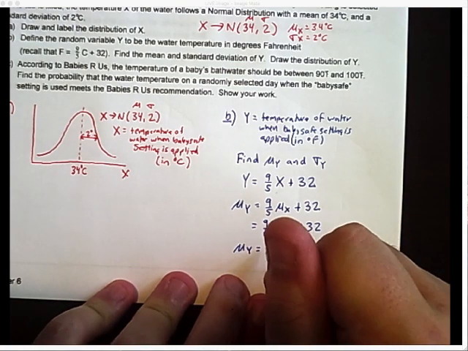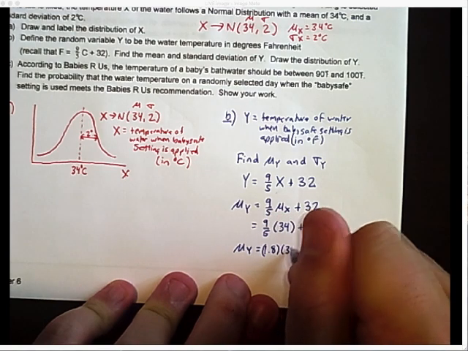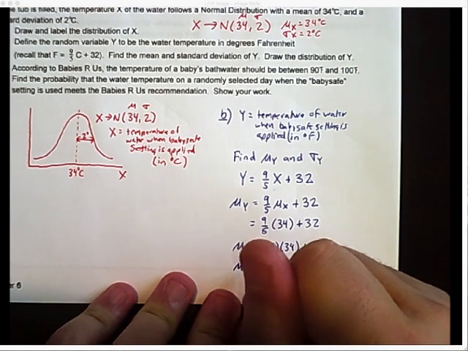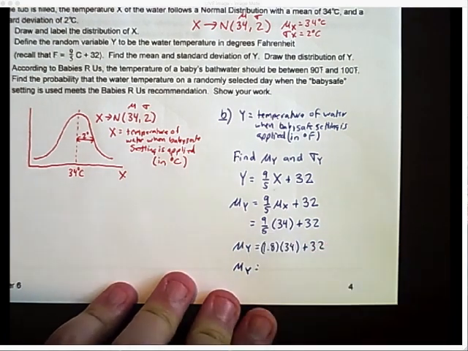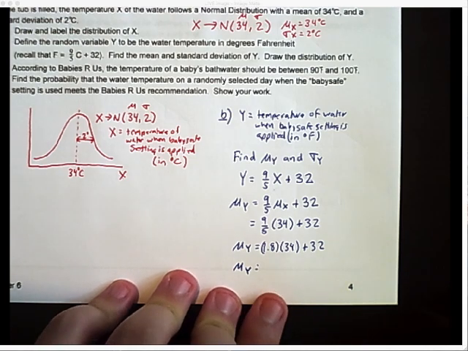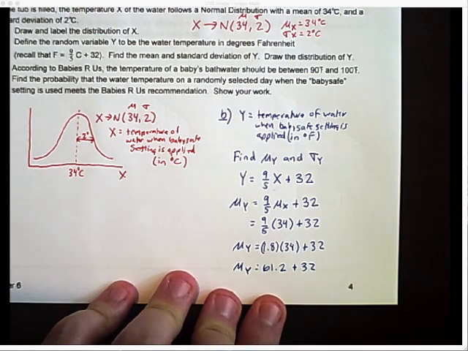So 9/5 is 1.8 as a decimal, times 34, plus 32. So mu sub y, I'm going to do that in the calculator: 1.8 times 34, that's 61.2, plus 32.